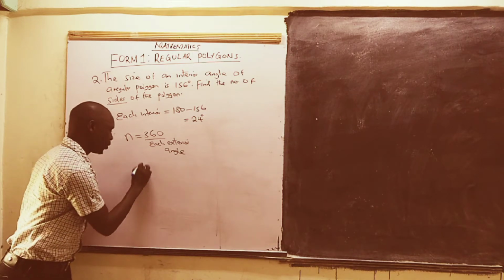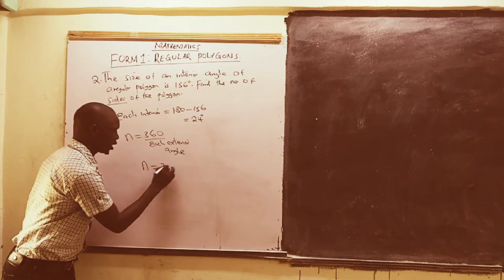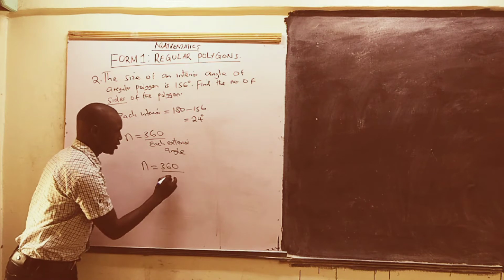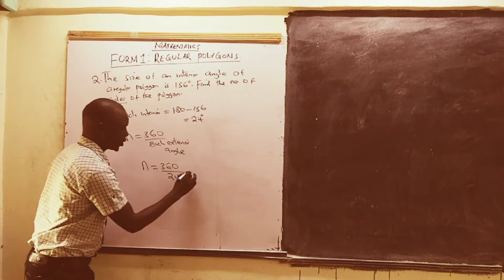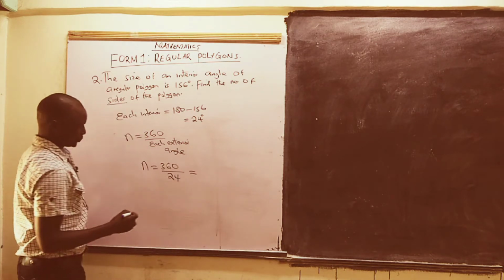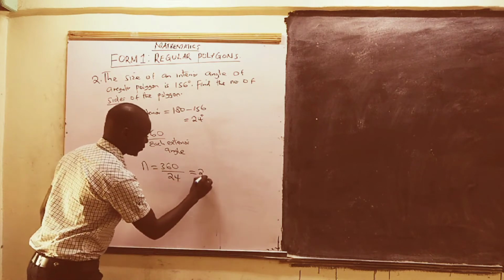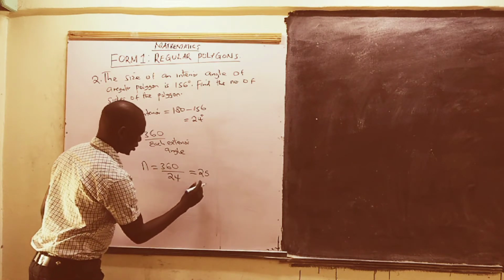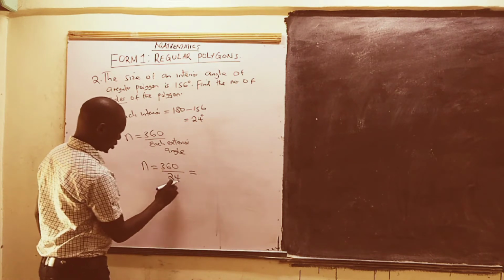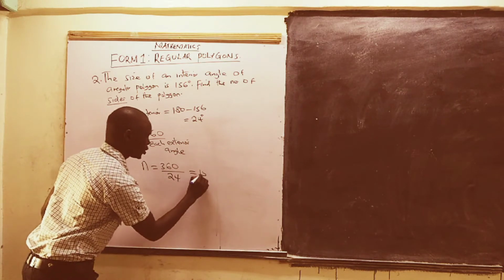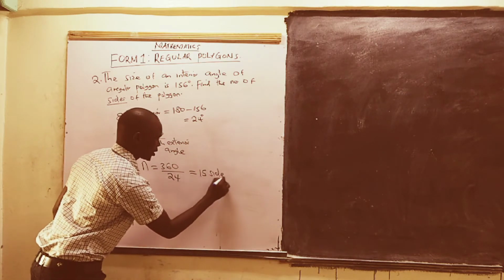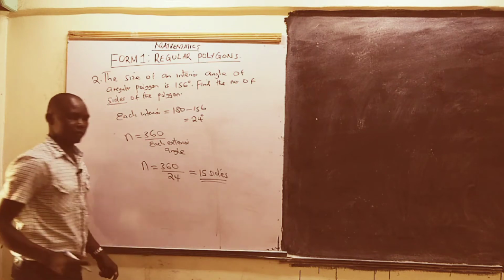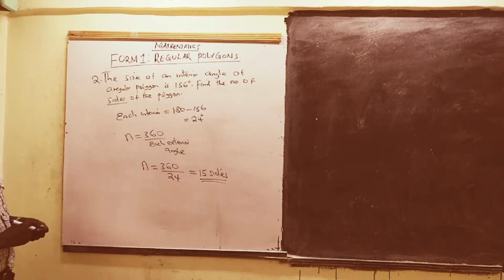And therefore, our n is going to be equal to 360 divided by 24, and this one is going to give us 15 sides.